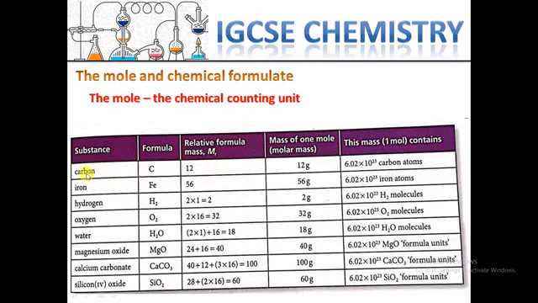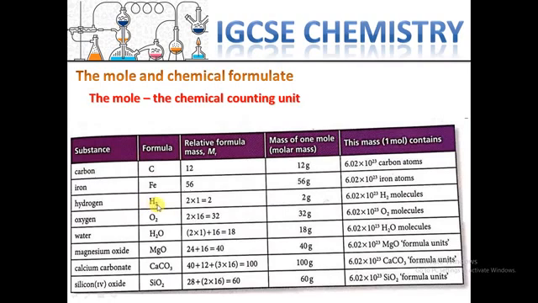I mentioned carbon, and iron is another example, which is Fe, and relative mass number is 56. That means each 56 gram is 1 mole, and 1 mole is equal with 6.022 times 10 power 23 iron atoms. Here we have atoms. Hydrogen gas is a molecule, okay, it is H2.